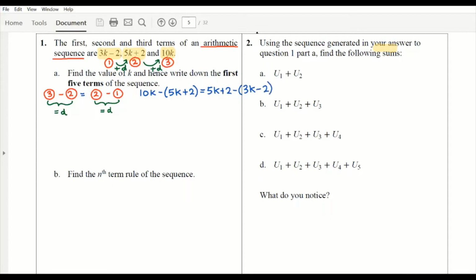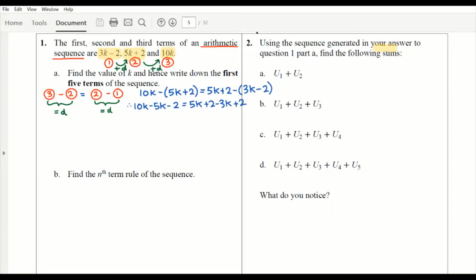Now this will give me an equation that I can solve. So let's multiply out these brackets by -1. Therefore, 10k subtract 5k subtract 2 must be equal to 5k add 2 subtract 3k, and be very careful here, add 2, because we have the double negative.